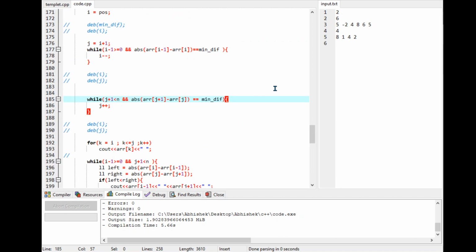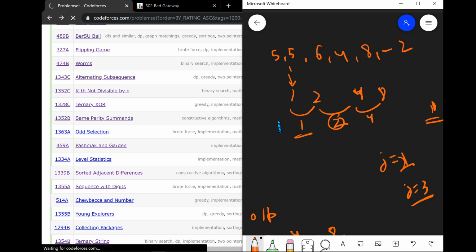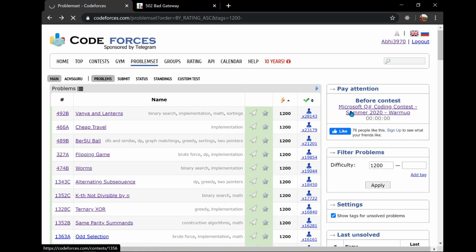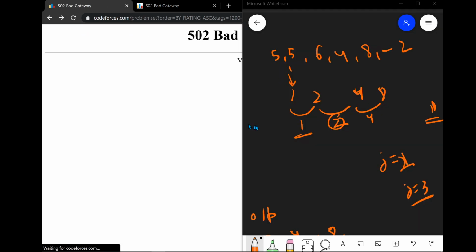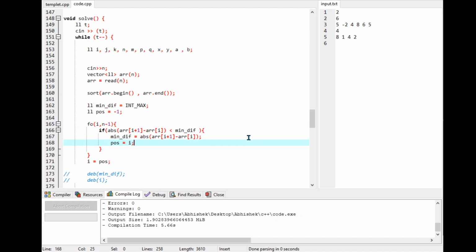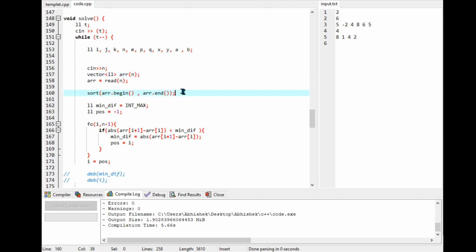So this was my 2-pointer approach. Really, I think a really good question, but there is some contest right now going on, so that is why there is this problem. So if I want to explain my approach again, I think I can explain by code. So first I am just sorting this.